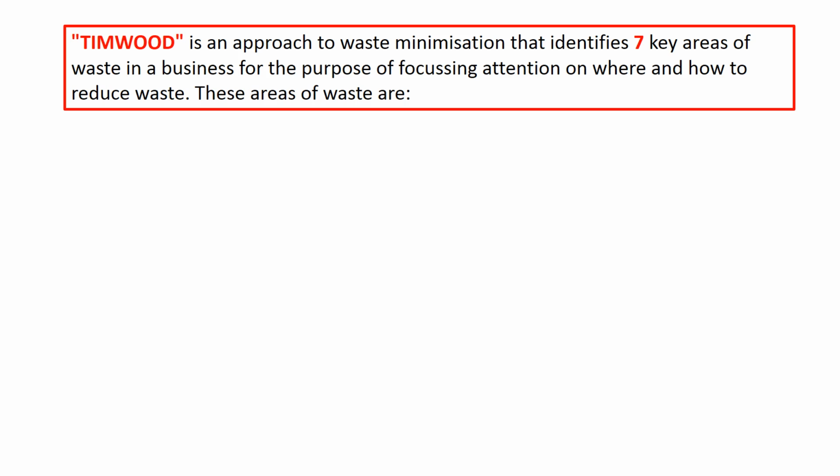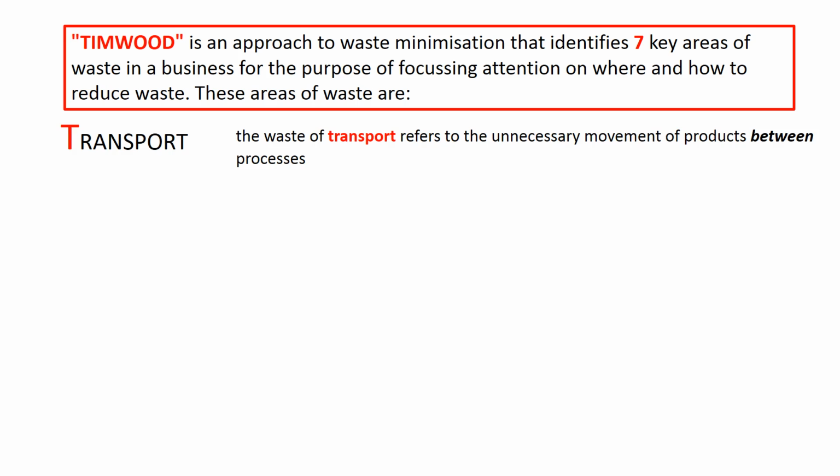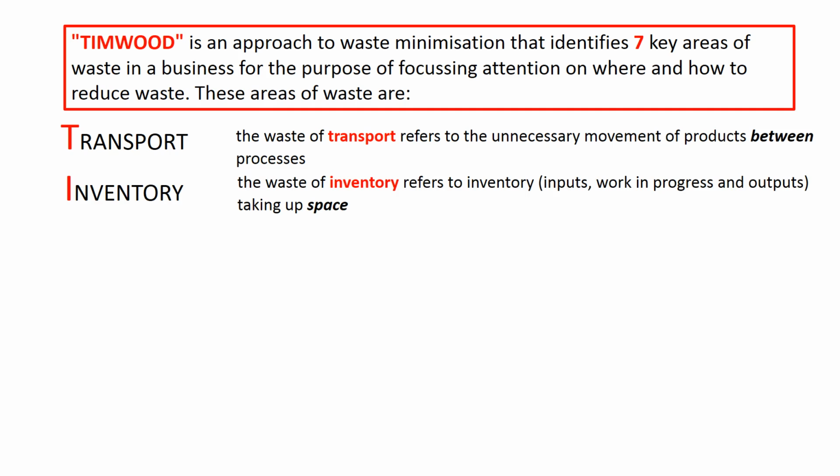The 7 areas of waste are as follows. First, transport. The waste of transport refers to the unnecessary movement of products between processes. Second, inventory. The waste of inventory refers to inventory, that is inputs, work in progress and outputs, taking up space.